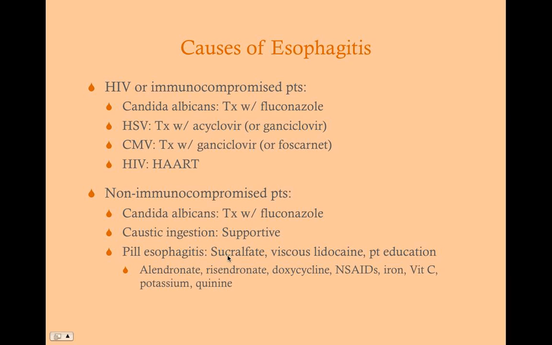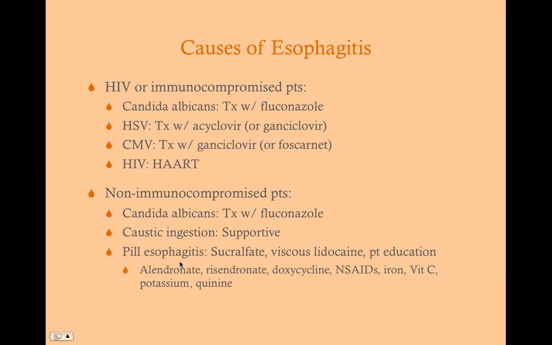And then pill esophagitis is usually what happens when the patient takes a pill, they go and lay down, and the pill doesn't get all the way down. It causes irritation to the esophageal wall, and that's going to cause the esophagitis. Any non-immunocompromised patient that doesn't have oral thrush, you're going to be doing an EGD.